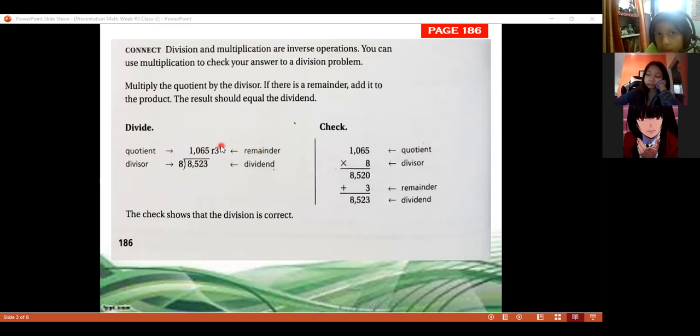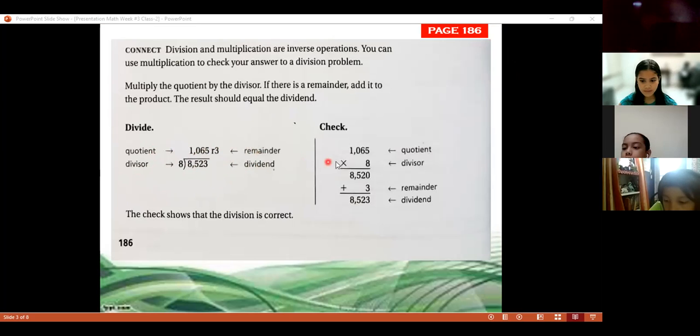We can multiply to know if that answer is correct. We multiply the 1065, that is the quotient, times 8, that is the divisor. The answer of the multiplication is 8,520. Adding the remainder 3, it's correct.